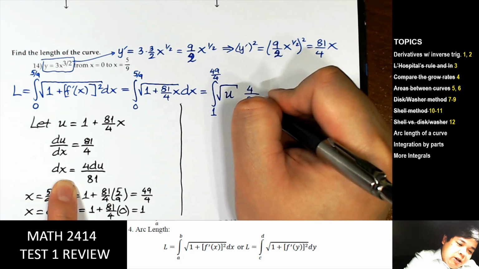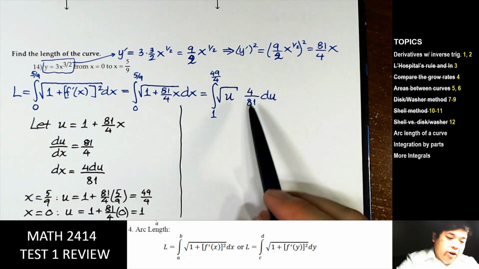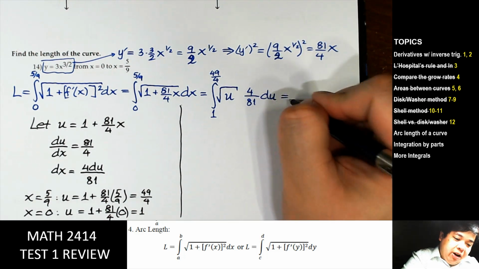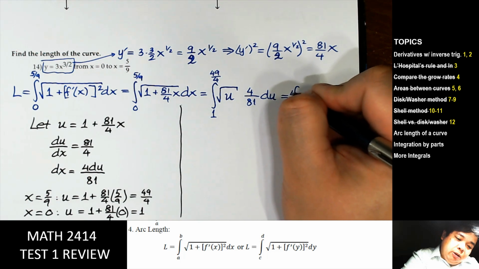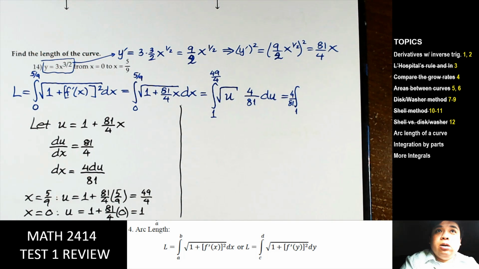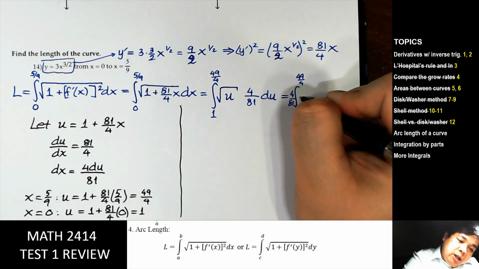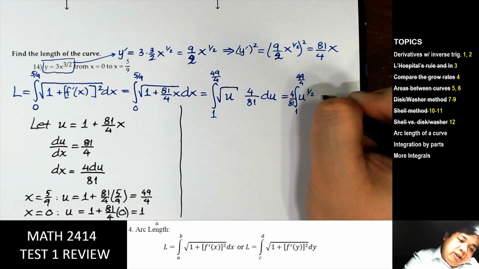Let's just write it like that instead. The 4 over 81, we can bring in front of the integral. 4 over 81, limits from 1 to 49 over 4, square root of u written as u to the 1/2, du.